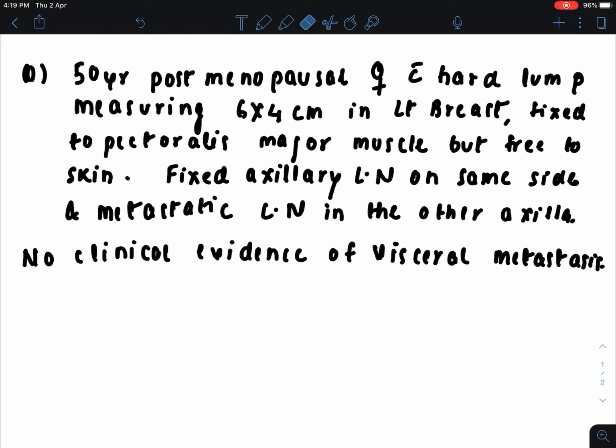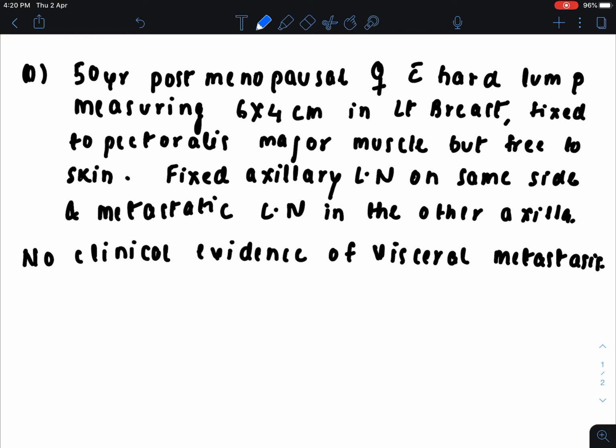Friends, we will learn the management of breast cancer, and this is the first video. In this first video, one question is framed: a 50-year post-menopausal woman with a lump measuring 6 into 4 cm in the left breast. It is fixed to the pectoralis muscle but free to skin.